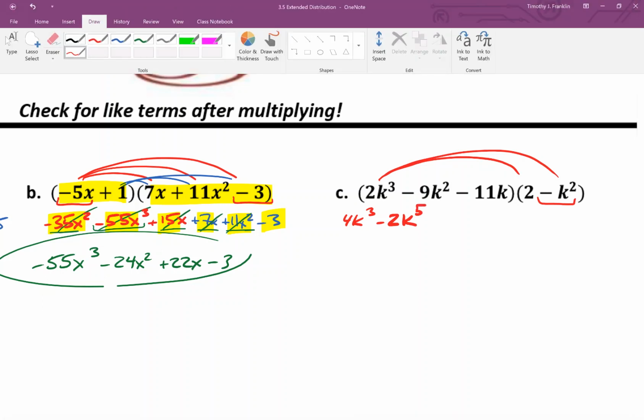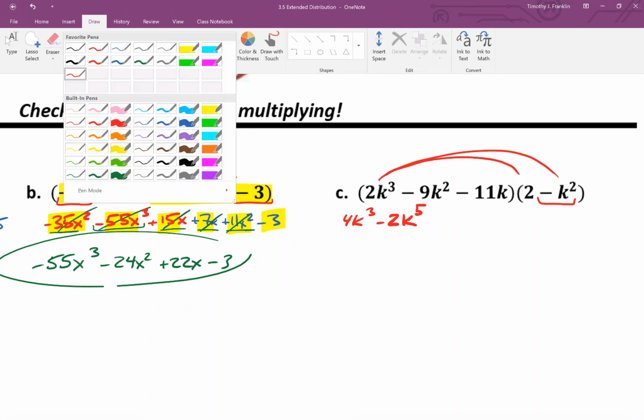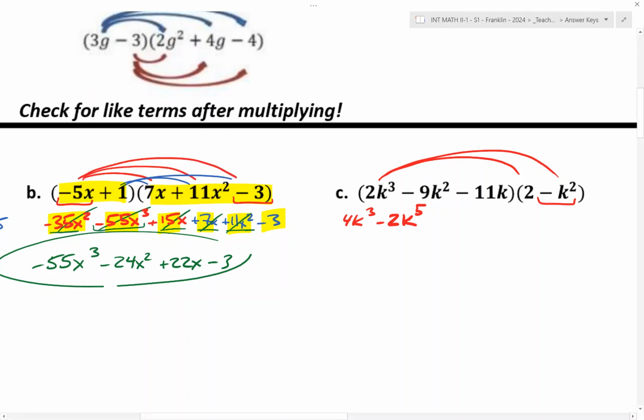And because the trinomial is written first, we're going to just use that one. We could go backwards and do the binomial first, but this is fine. So negative 9k squared times 2 is negative 18k squared. Negative 9k squared times negative k squared is positive 9k to the fourth.